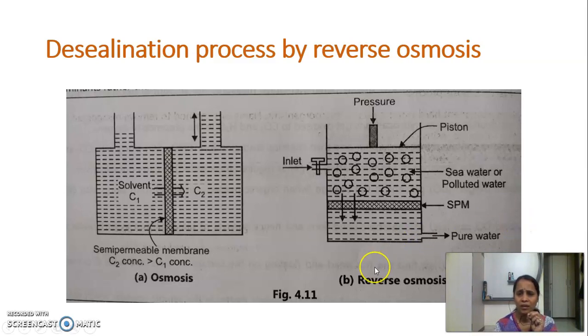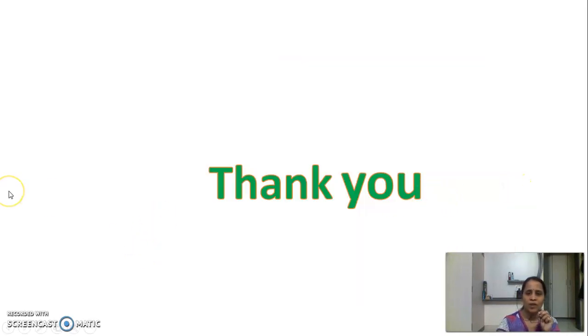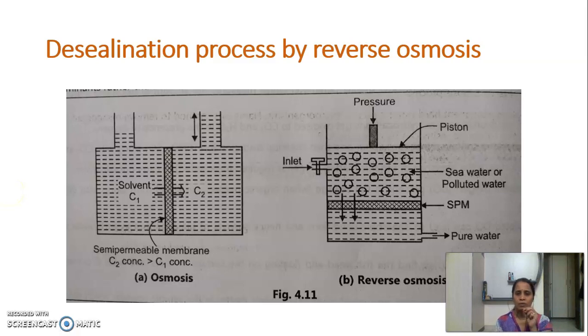So what is to be done in reverse osmosis? In reverse osmosis, water is removed from seawater. That is, salts are at their place only. What are we removing? We are removing water from seawater. Now try to understand. Here pressure is applied on this side, and whatever pressure is required to balance these two levels is nothing but osmotic pressure.